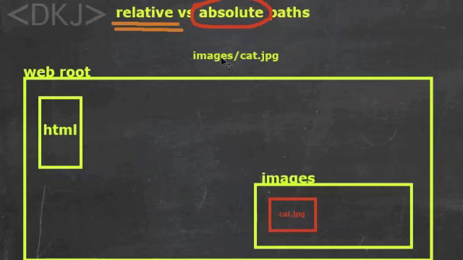What you're telling the browser here is to find the images folder right here, go inside the images folder, and find the cat.jpg file. You see? And that will work. If you do this, it won't work, guaranteed. When doing a relative path, you have to not have the initial slash. You just have images and then slash and then cat.jpg.